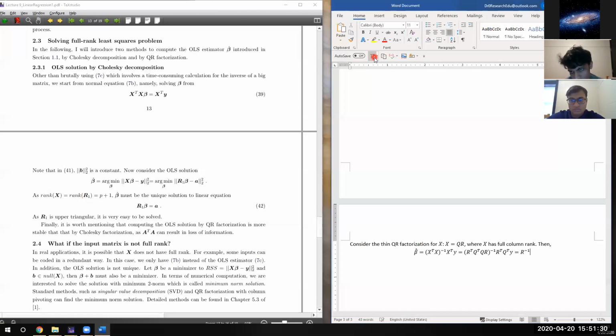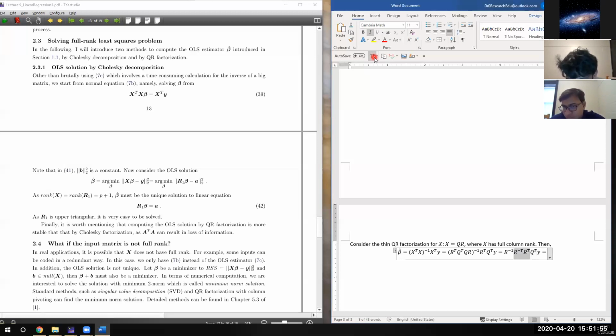Then we have this, and this equals R inverse and then R^T inverse. To make my life easier, I directly write R^{-T}. This means R^T inverse, okay? R^T inverse and R inverse T are the same. And then R^T Q^T y. And see, what is this?